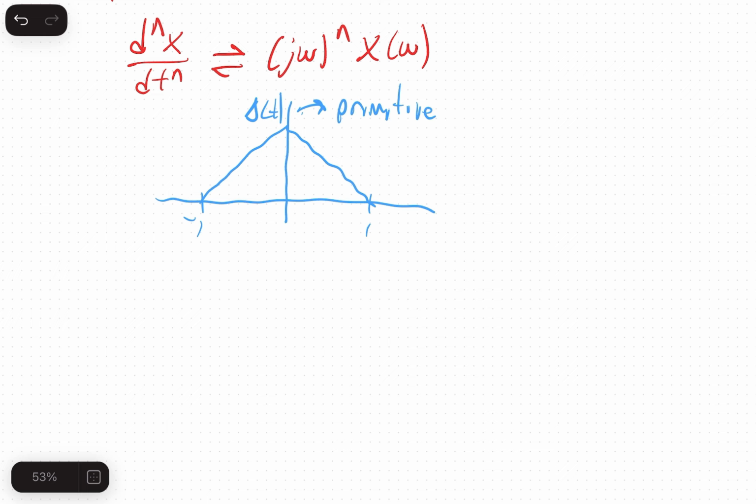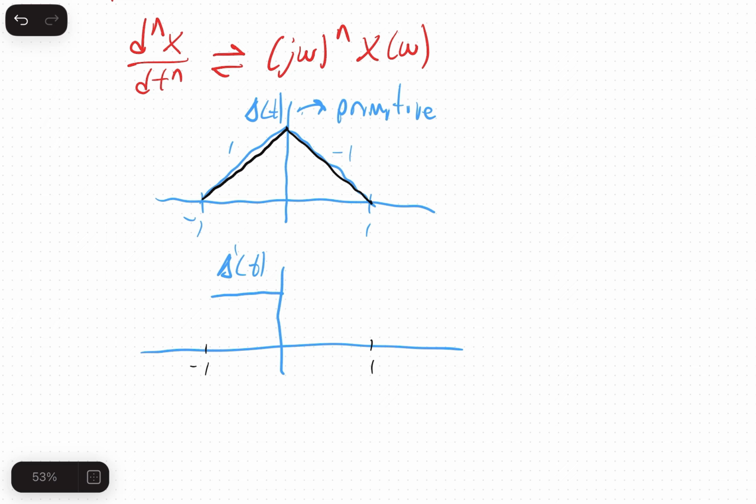If we want to find the first derivative, or delta prime, we remember this from calculus, and what this looks like is there's a 1 in here, because the slope in here is 1, and then the slope in here is -1. So let me draw this in black so that we can actually see the difference. From -1 to 1, you can only see the slope.